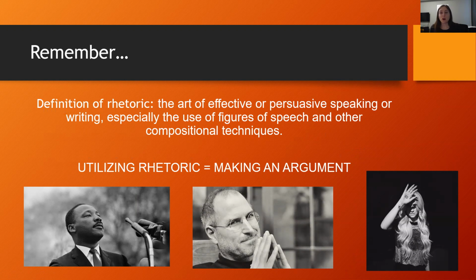Essentially, if you are utilizing rhetoric, which you have done for every single assignment, every single paper throughout the entire semester, then you are making an argument. And I've pictured below three famous people that have all used rhetoric in their life in order to make an argument, which is exactly what you're going to be doing with this final paper.